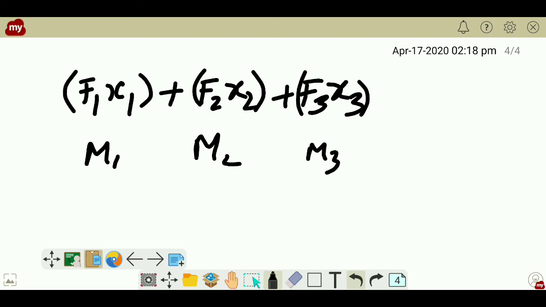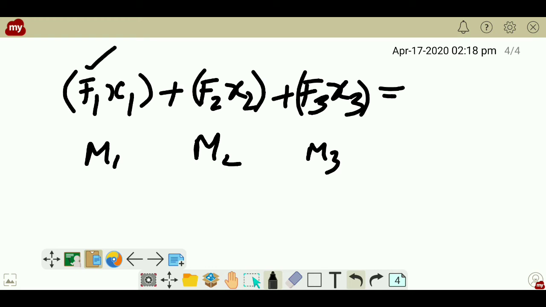According to the statement, the algebraic sum of the moments created by each force is equal to the moment created by the resultant of the forces.